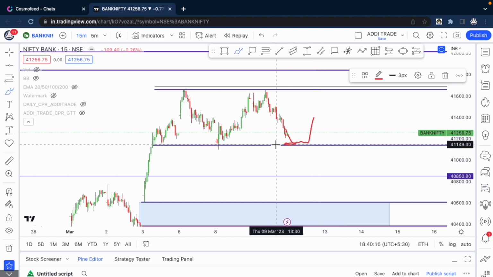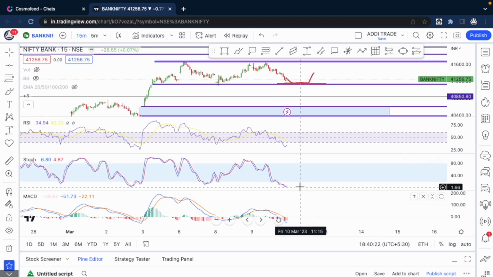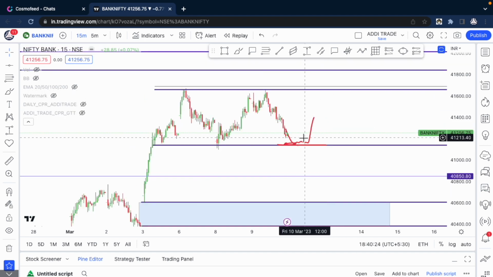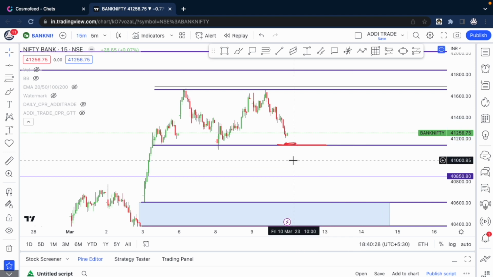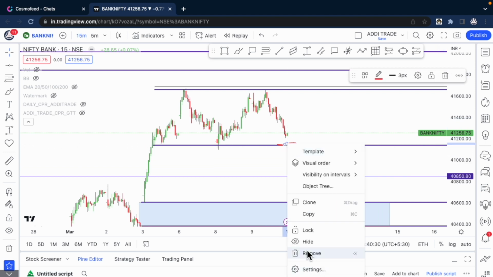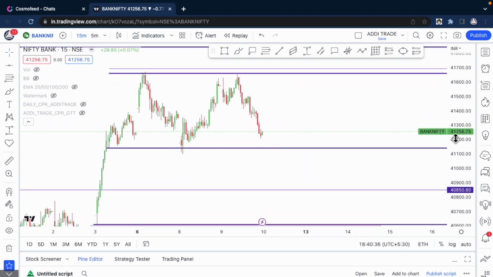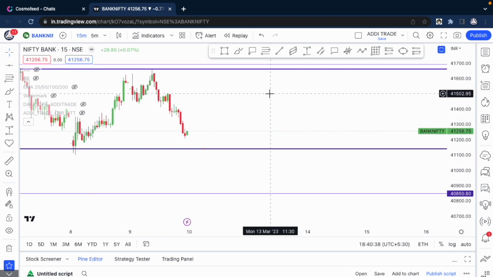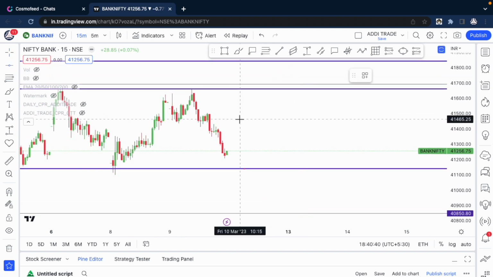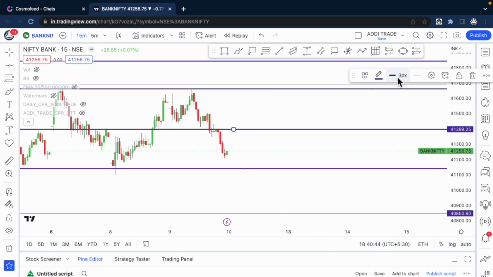So in case we get a strong support here at 41,040, like a nice bullish candle, and if we see some kind of a bullish divergence in the oscillators, we might go long. The first target would be here, that is 41,400.